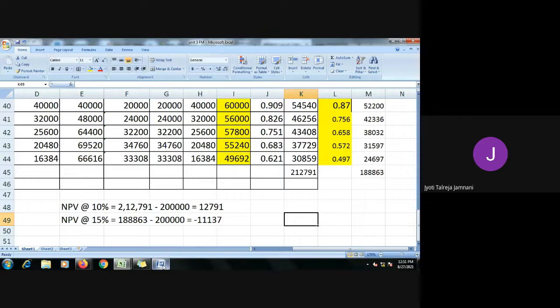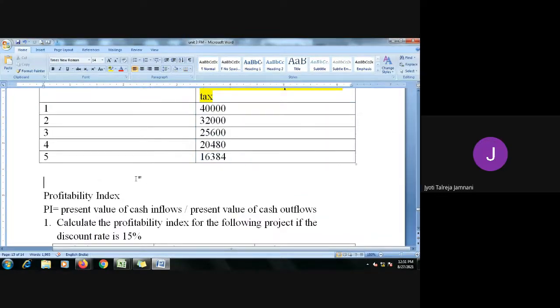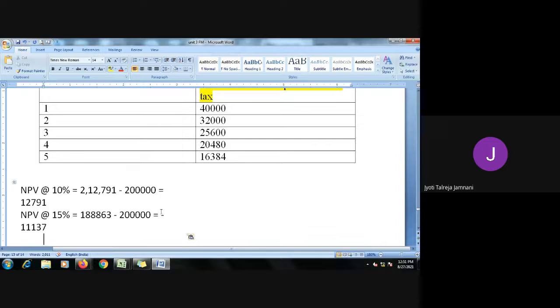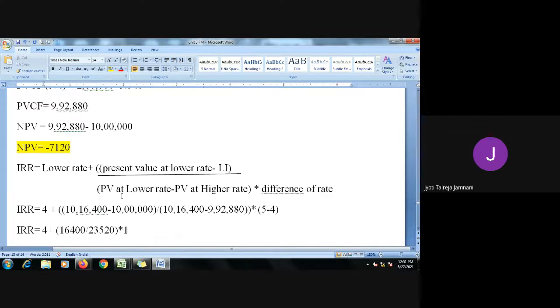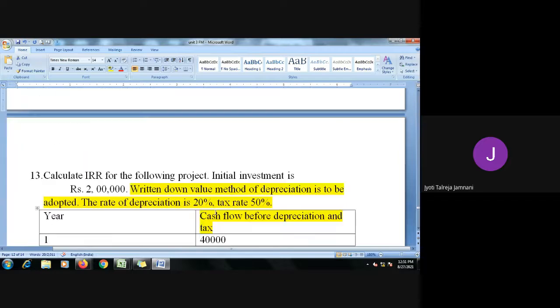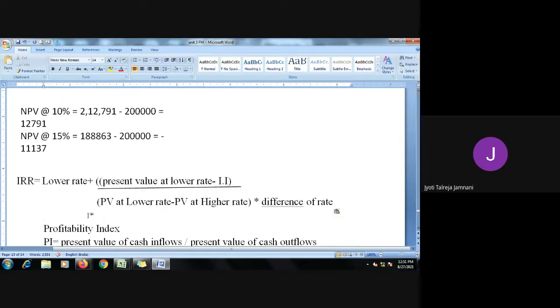So let's go to our Word document and calculate the value of IRR. Here we find the IRR. We'll just copy the IRR formula. IRR is equal to the lower rate. Here our lower rate is 10%.